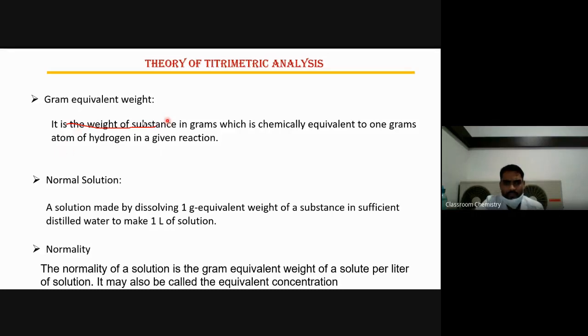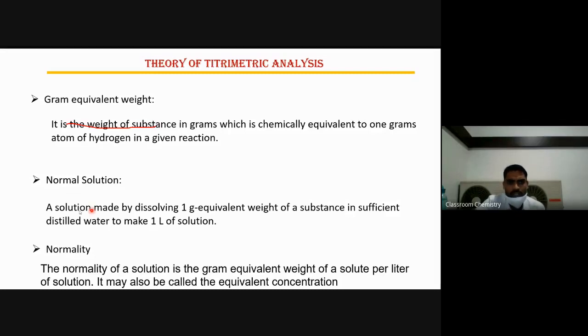It is the weight of substance in grams which is chemically equivalent to 1 gram weight of hydrogen. Don't focus on this. We focus on normal solution, and the use of gram equivalent weight in normal solution.